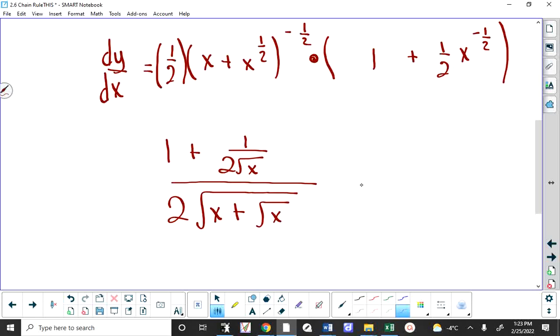So for example, 1/2 as a factor in the numerator can be written as just 2 in the denominator. That x plus x to the half to the negative half, I can move it to the denominator with a positive exponent. And then within this, I just decided to write this thing as 1 over 2 root x. It's not entirely simplified, and we don't want to simplify it further. Good? Yeah?